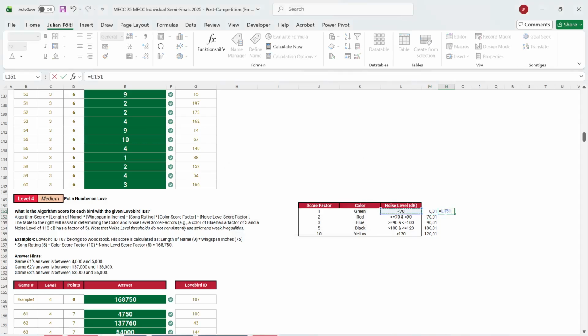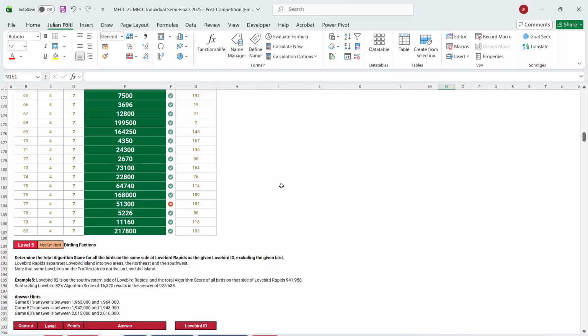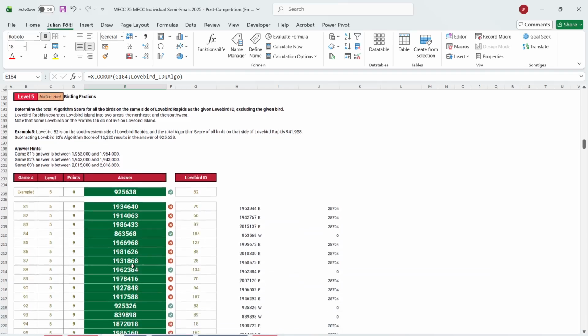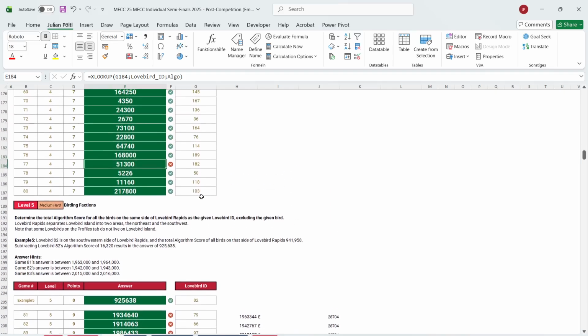Because this should be then this minus. Right. Okay, this is wrong. I have to check this. 70 is 182.